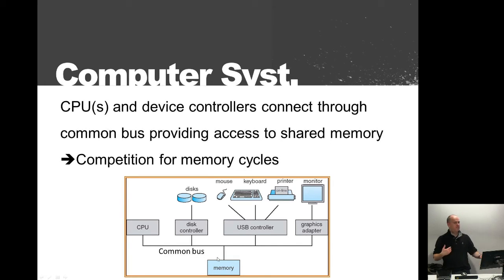And information is moving between these different blocks through a common bus, okay? And memory is usually a unique resource which is shared by all those systems. So your operating system needs to make sure that everybody has their fair share of, for example, the memory.